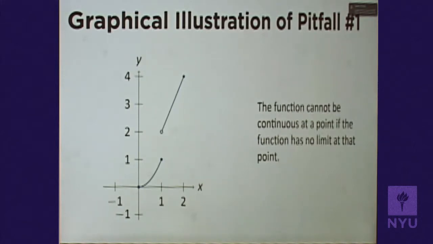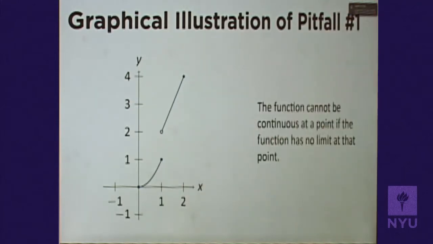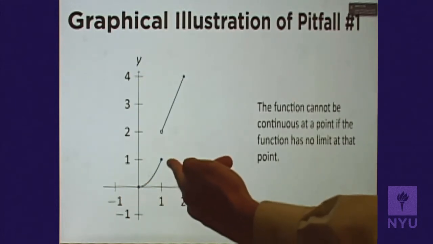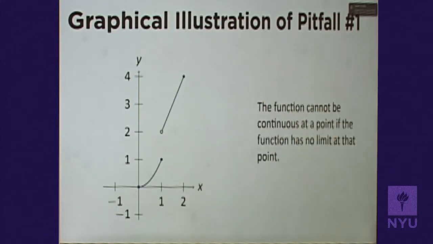On one side of the point 1, the graph looks like the graph of x squared. On the other side of x equals 1, the graph looks like 2x. So the limit as x goes to 1 from the left is the value 1. The limit from the right as x goes to 1 is the value 2. Since these values disagree, the function fails to have a limit, and so fails to be continuous at that point.